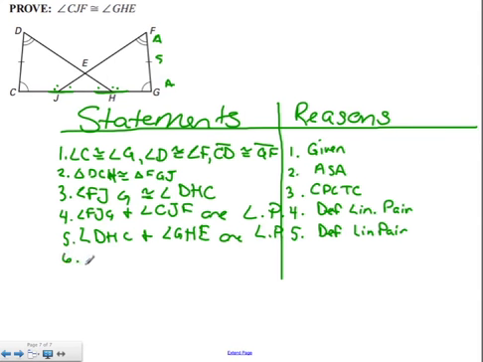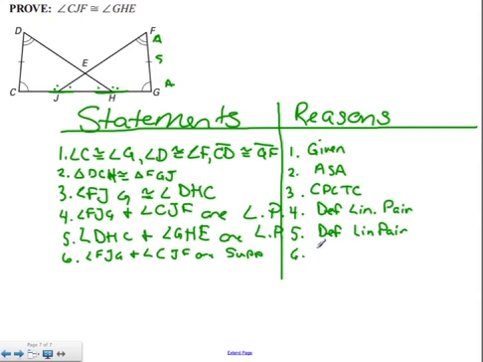Step 6, we're going to then talk about how, since these guys are a linear pair, they're each supplements of each other. So I'll just copy this down. Angle FJG and angle CJF are now supplementary.